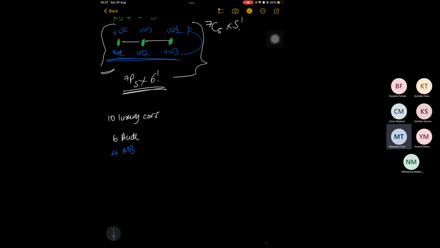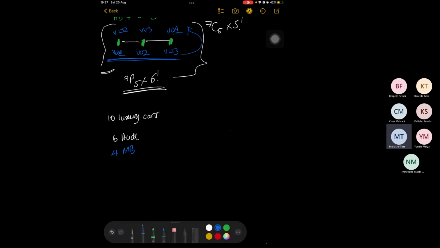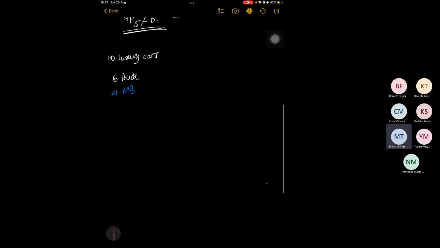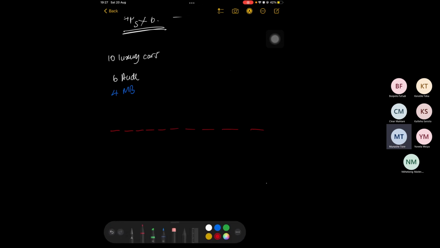Okay. So as a first step, you can write down, but if you don't want to, 1, 2, 3, 4, 5, 6, 7, 8, 9, 10, indicating the positions that you want. So we have 10 positions now.